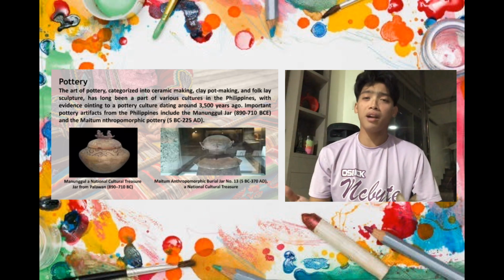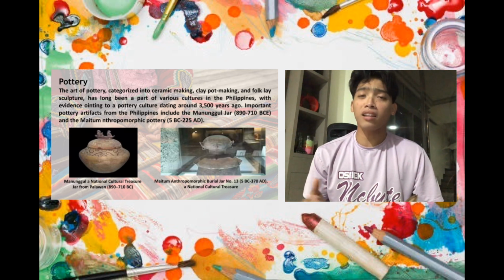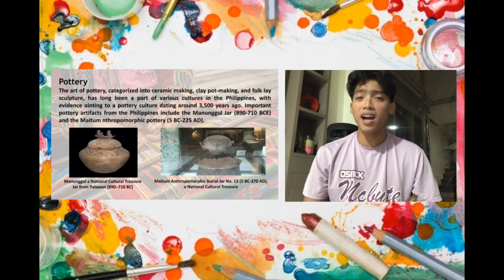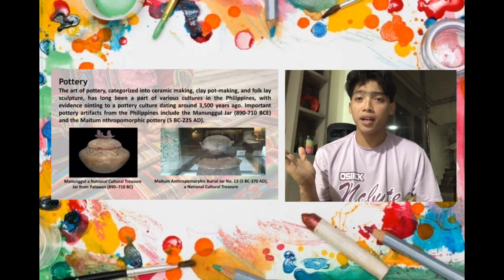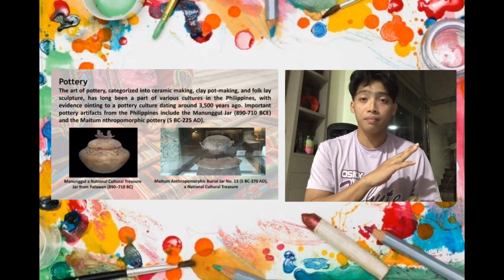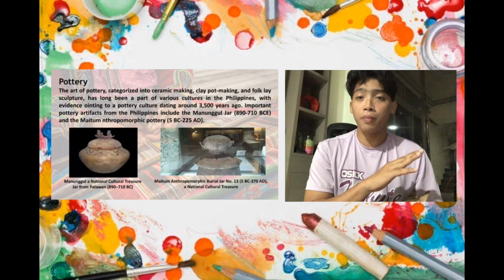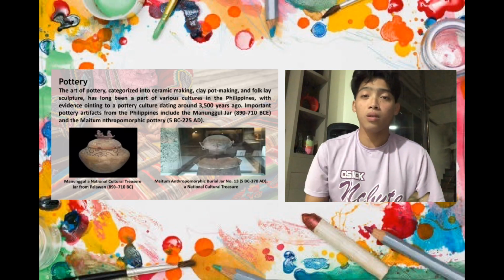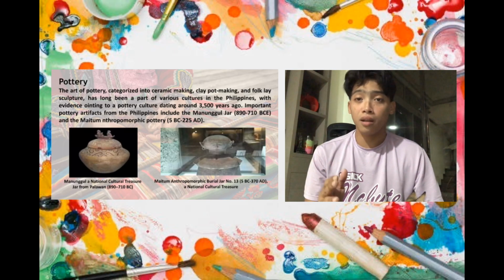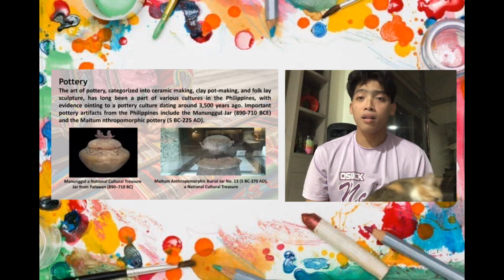And I have here important artifacts from the Philippines. The first one is the Manunggul jar and the Maitum anthropomorphic pottery. So these jars are secondary burial jars, o mga libingan.